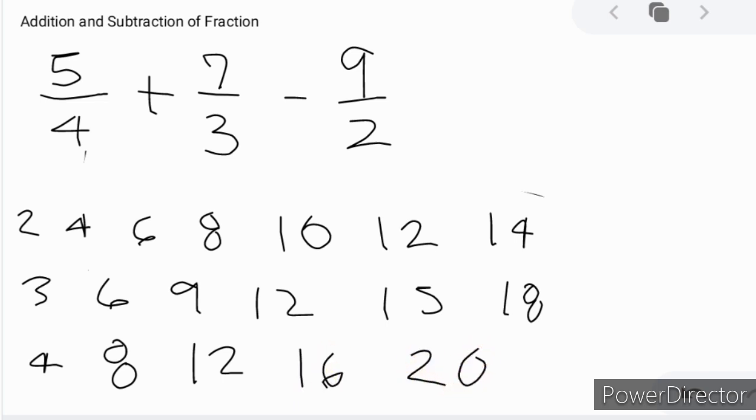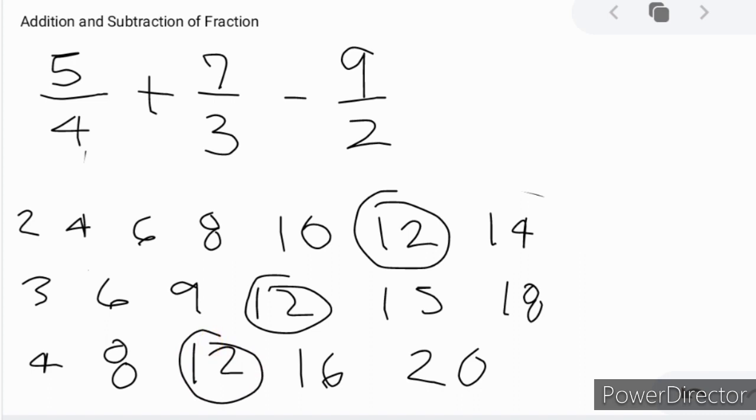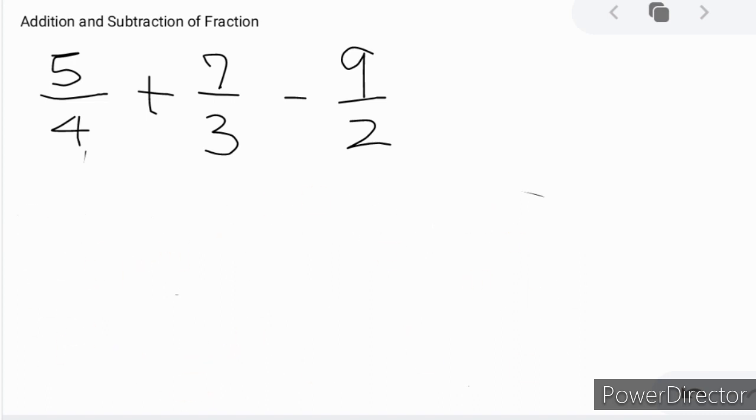The concept of the least common multiple is the number that all the denominators have in common, and it should be the least value. So it is 12. So our denominator is 12.